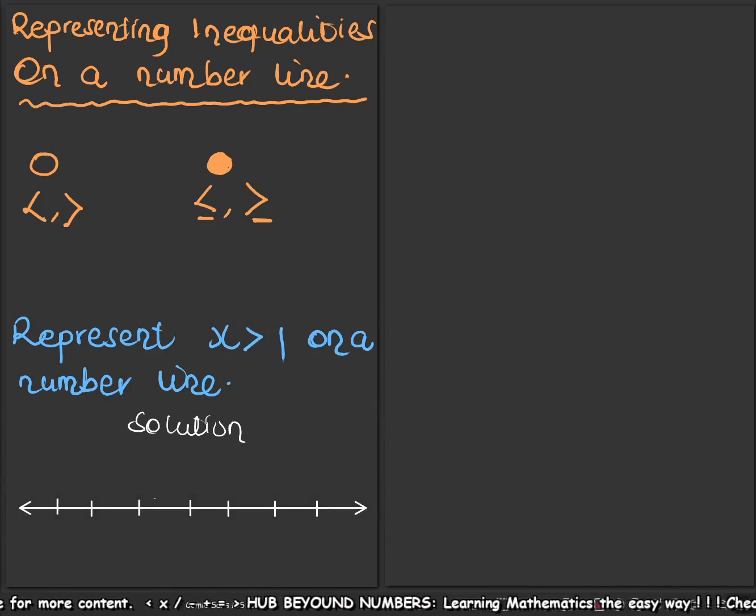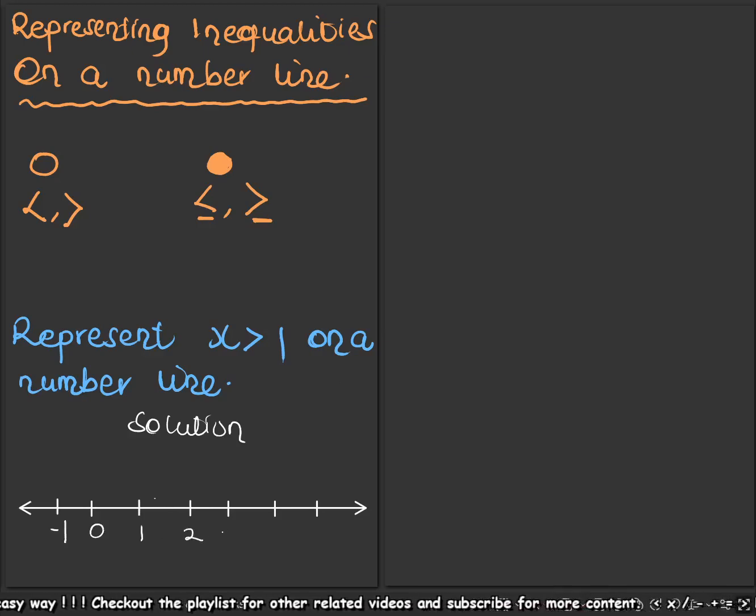It is telling us that x is greater than 1. So it simply means our solution, or where our answer is going to be, is more on the right. So I'm just going to put a negative 1 here, then a 0, 1, 2, 3, 4, and then 5.